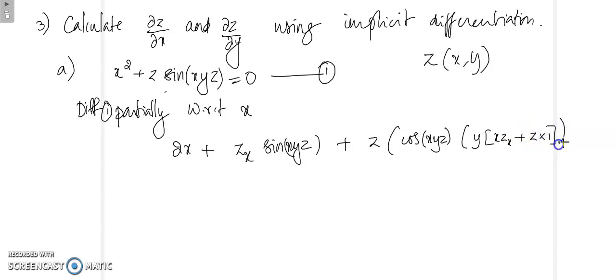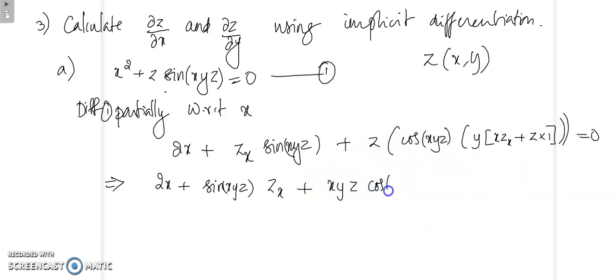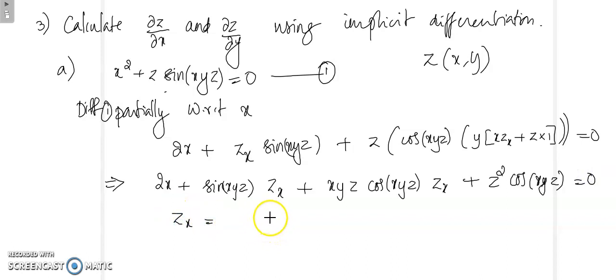Z into the derivative of x is 1, so this will be equal to 0. So that gives 2x plus sine xyz into zx plus xyz cos xyz into zx plus z square cos xyz equal to 0. Now we can find zx from this equation.